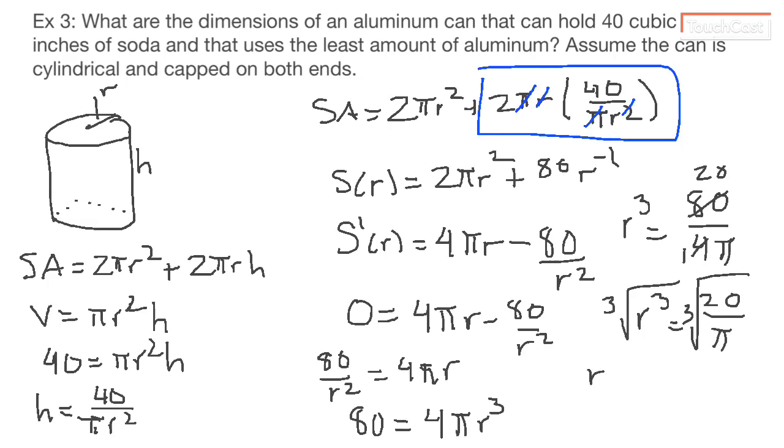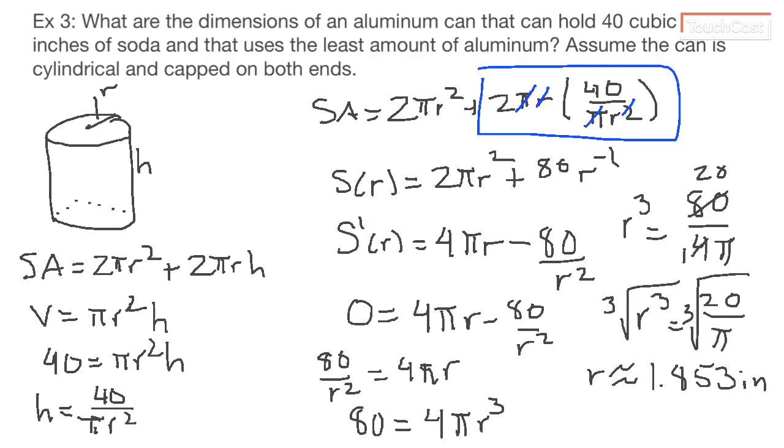And I would just plug that into my calculator now. The cube root of 20 over pi, it's going to approximate out to 1.853 inches. Now remember, we came up with a formula to find the height given the radius for this can. So we're going to take that and put r in to figure out what should the height of the can be.